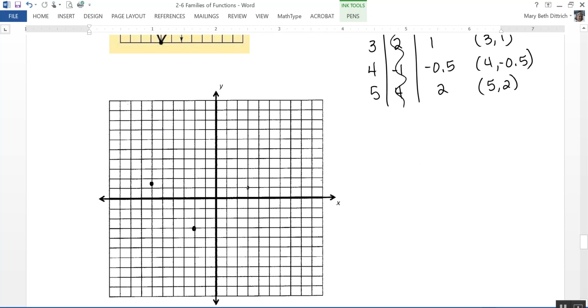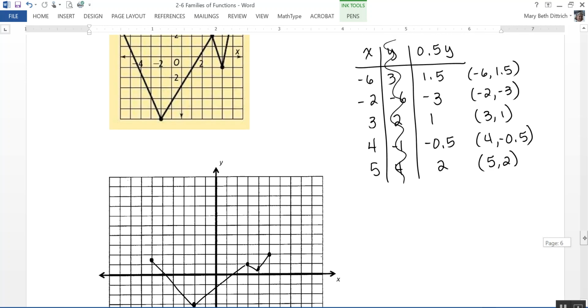And I have 3, 1, 4, 1/2, and 5, 2. And if I connect those points and compare it, it's a little hard to see here, compare it to the graph up above, you'll see that it's very similar in shape, but it's just kind of squished closer to the x-axis.